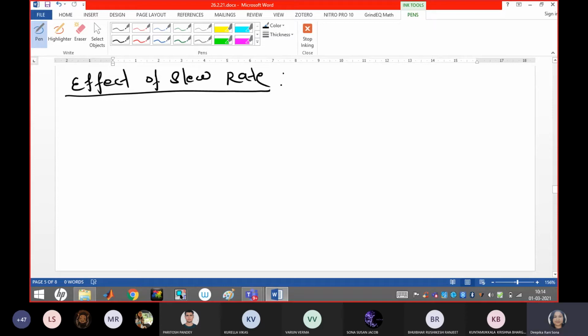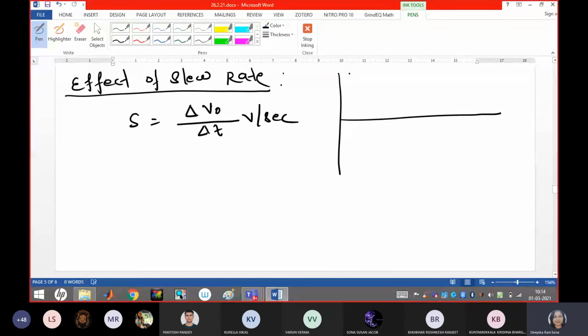So once again, S can be represented as the change in output voltage with respect to change in time. Suppose my desired signal is like this. I am going to draw the graph. I have my required signal like this, without any applied input, guys.